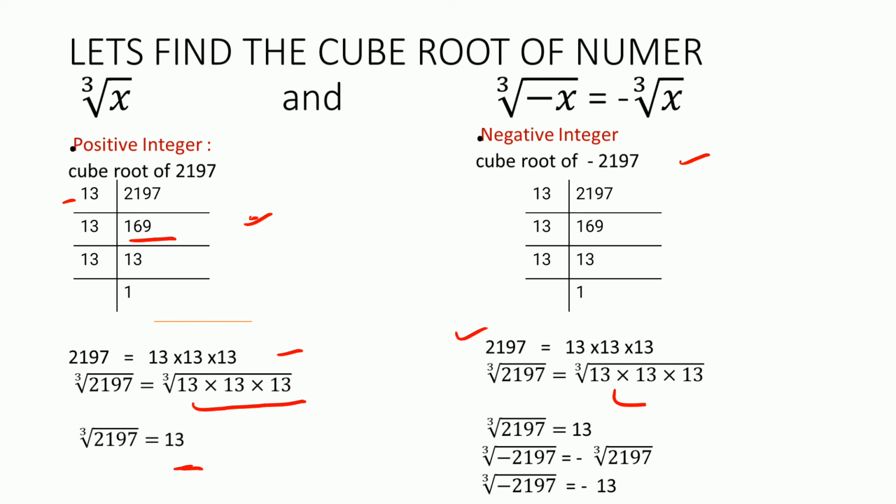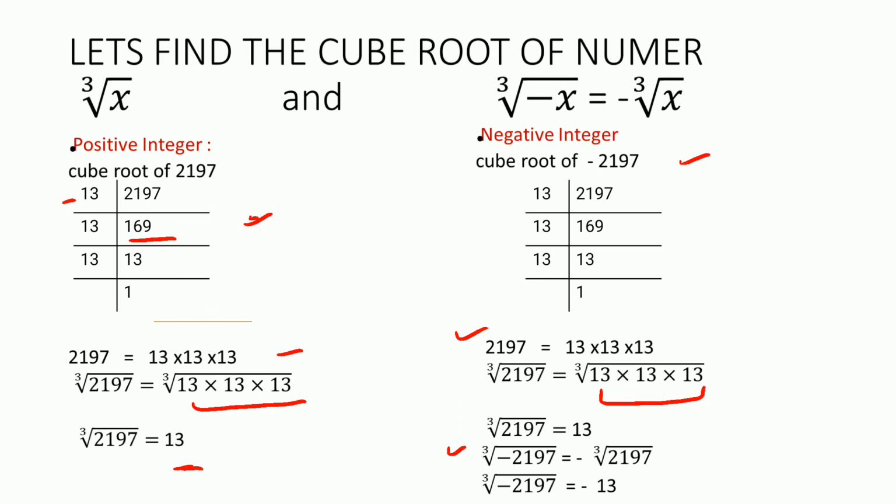Again we put the sign of cube root on 2197 and on the factors also. You will get firstly the cube root of the positive integer 2197, which is 13.